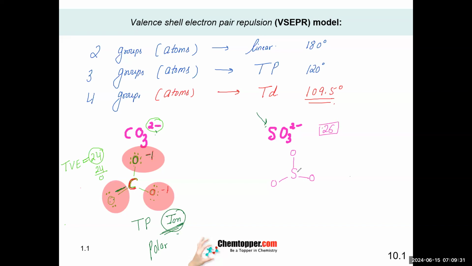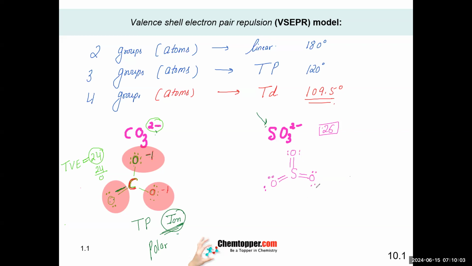Complete the octet of the oxygen. Remember, sulfur can have a maximum of how many bonds? 6. So you're free to make double bonds on sulfur, right? So can I put a double bond here? Can I put a double bond here? Can I put a double bond here?